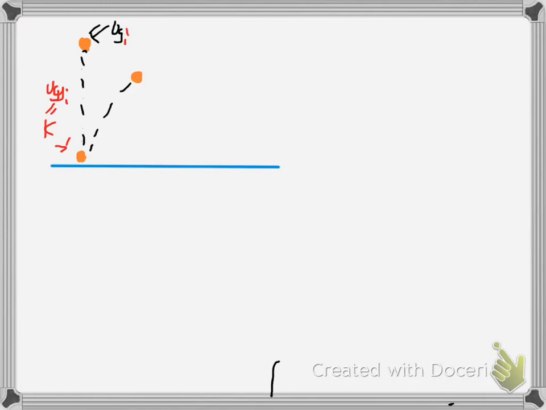And then here, when it stops, this is our final gravitational potential energy. And that's going to equal essentially the kinetic energy when it leaves the ground.